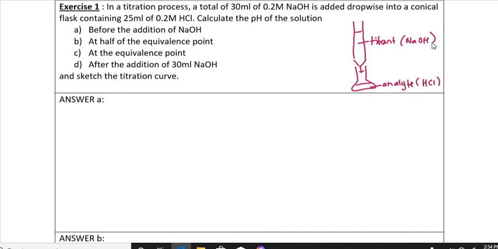After you determine what is the titrant and analyte, you classify this is strong base, this is strong acid. That means this titration involves type 1, which is strong acid and strong base titration.